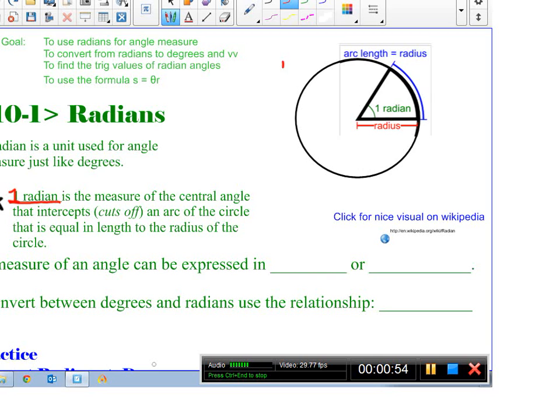Up here in this picture, we have a radius of our circle in red. If we could take that radius length and bend it along the circle, then this angle that is cut off right here, this central angle, would be 1 radian in measure.